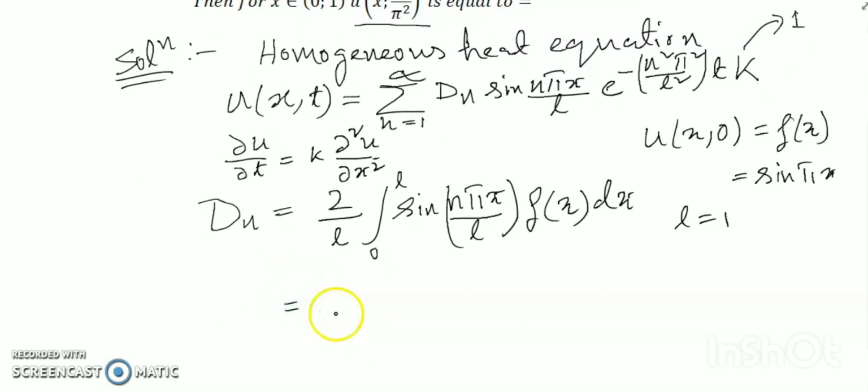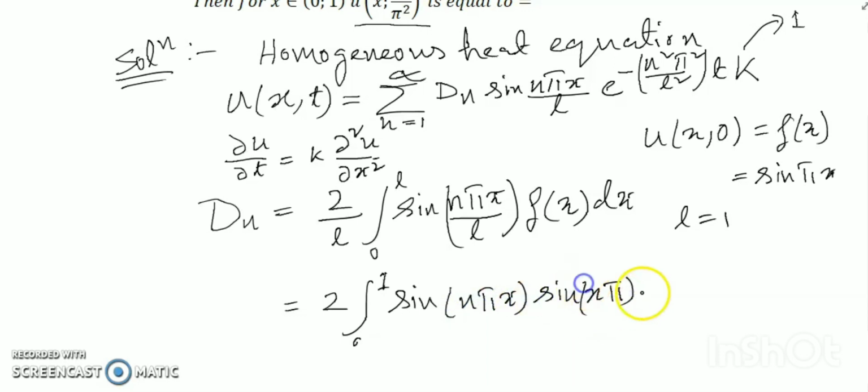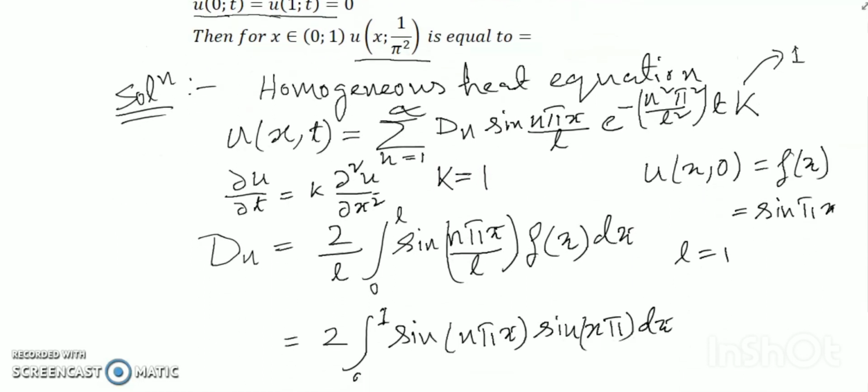So what do we get? We get 2 times the integral from 0 to 1 of sine n pi x into sine pi x dx. In here L equals 1 and k equals 1, everyone knows. Please check my problem, you see k equals 1.